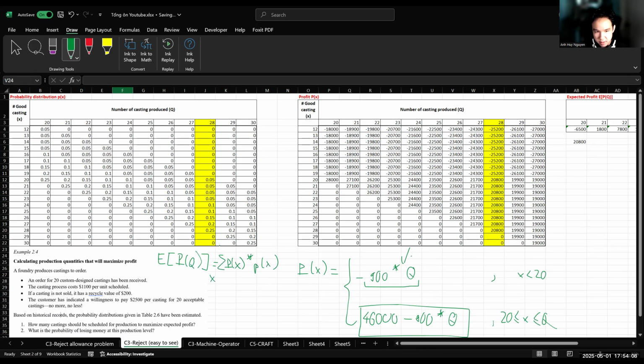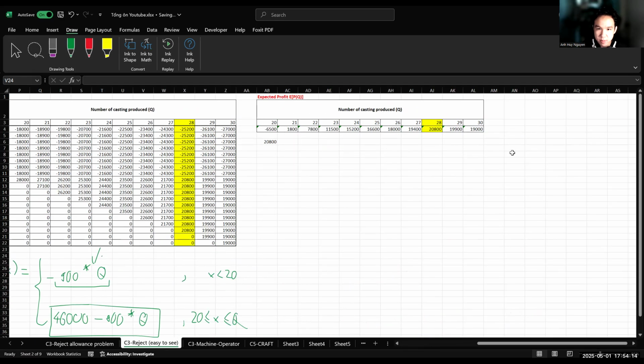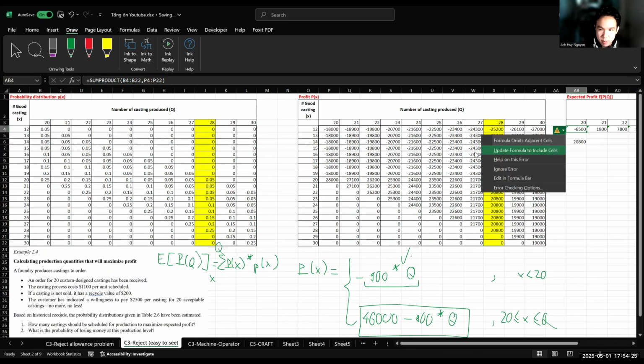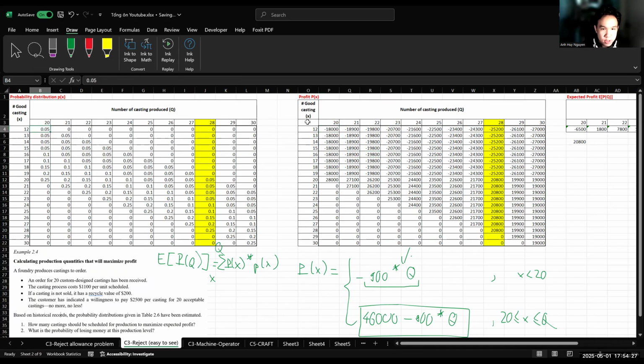You remember that? Yeah. So this is exactly what we will do in this table. This is the expected profit table, and we will use the sum product. What is it? To put it simply, we multiply each of these things together and sum them up.